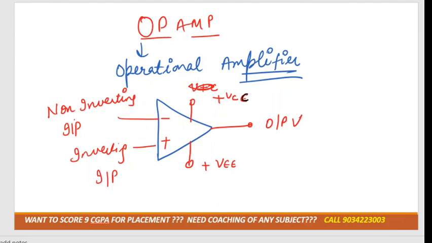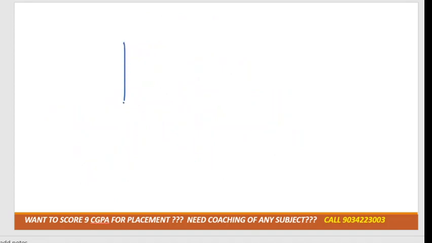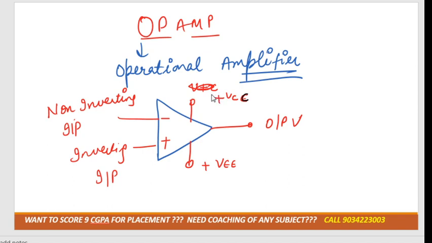Now see what exactly the inverting input and the non-inverting input are. In the op-amp, the upper supply is VCC and downwards is VEE.